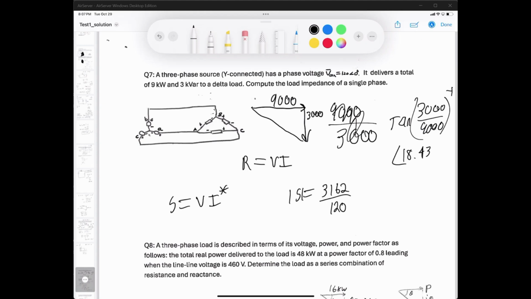Now, not just any 120. This is the voltage when we're looking at a single phase across the resistor. So we want to increase the magnitude by root 3 because we want to find the current. I'm a little confused. Let me step back.